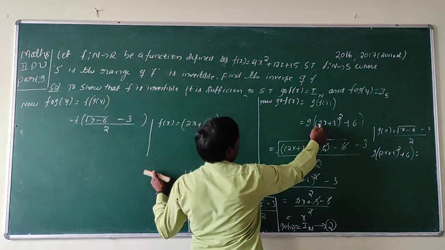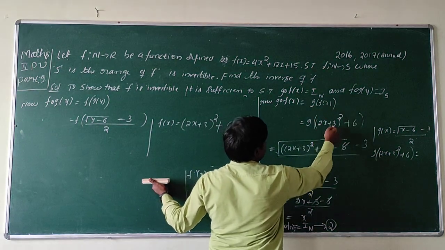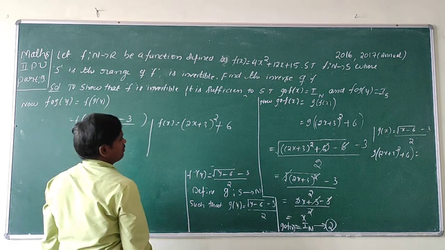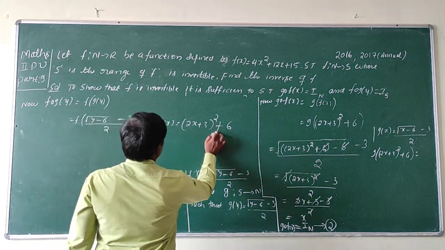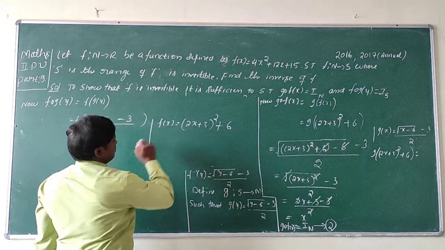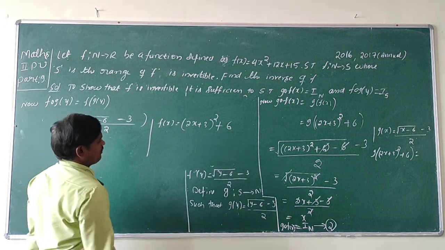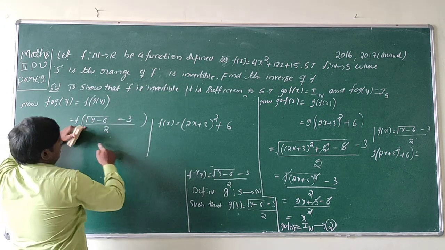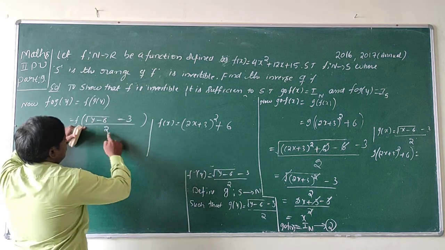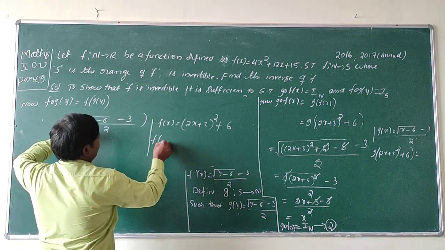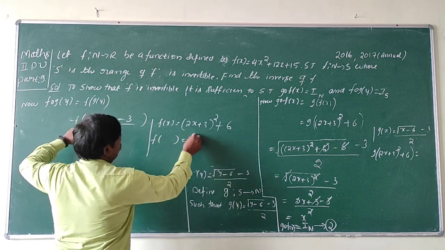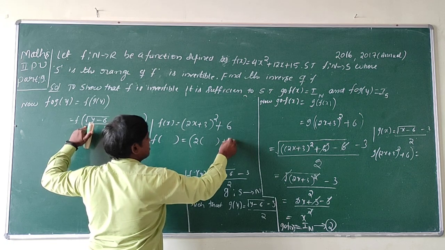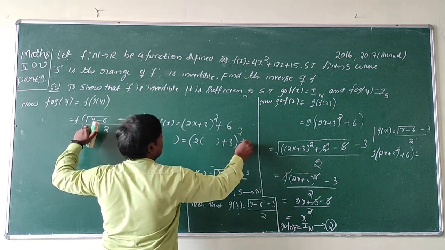Okay, so f of x is (2x plus 3) whole square plus 6. So observe here, this is f of x, and this is x here. So f of input is equal to (2 into input plus 3) whole square plus 6.